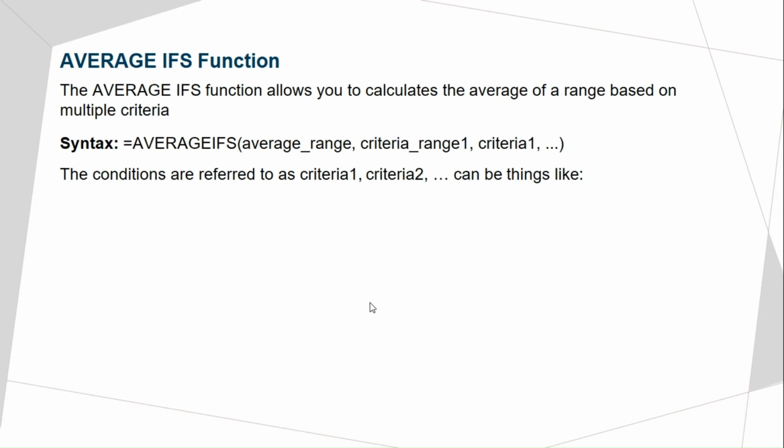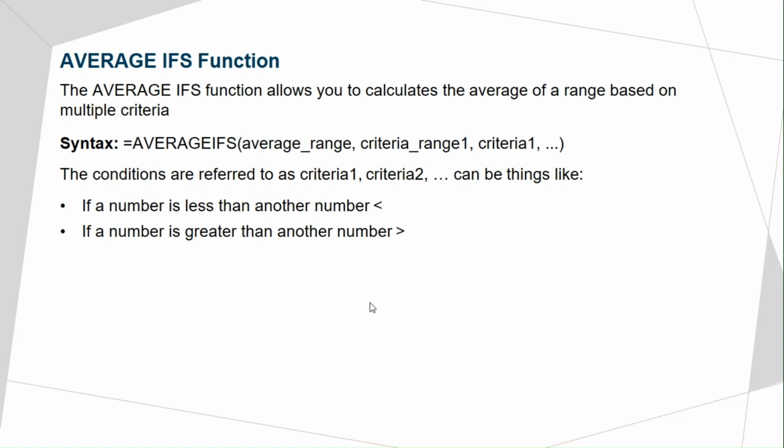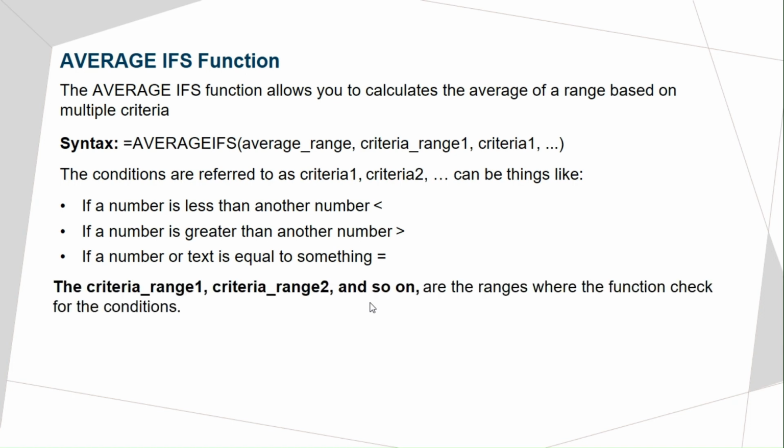The conditions are referred to as criteria 1, 2, and so on, which can be things like if a number is less than another number, if a number is greater than another number, or a number is equal to something. The criteria range 1, criteria range 2 are the ranges where the function checks for the conditions.